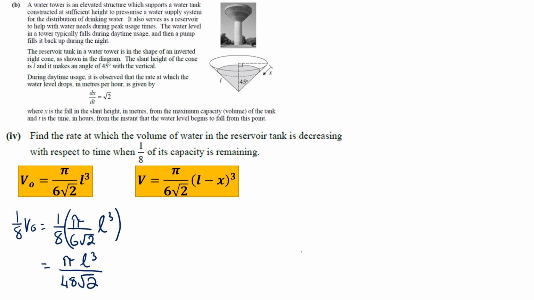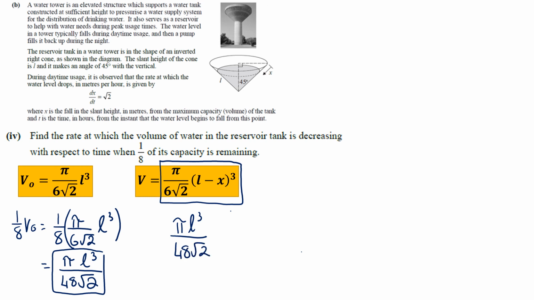Now, I know what the volume will be, so I can equate what I've just worked out, this capacity, against this capacity to figure out x, so how far down, or the reduction in slant height, which will in turn help us find t. So I'm going to let pi L cubed over 48 root 2 equal pi over 6 root 2 (L minus x) cubed.